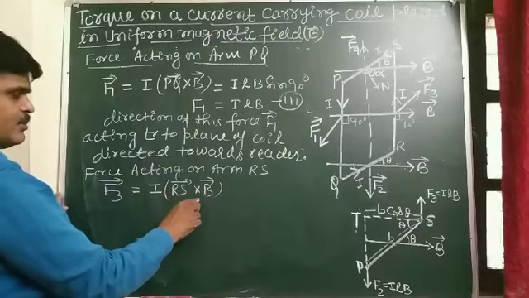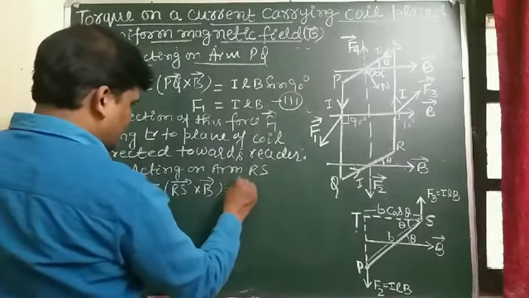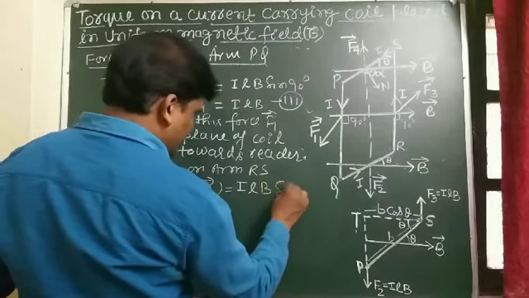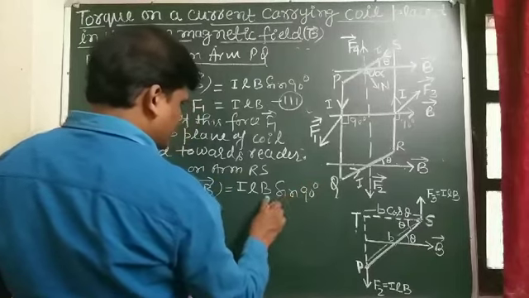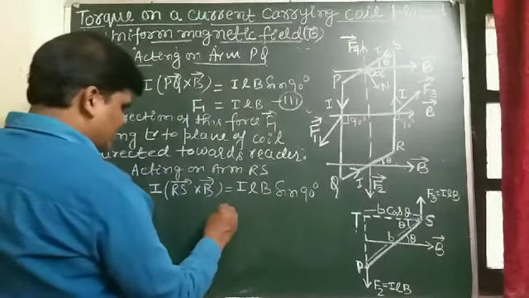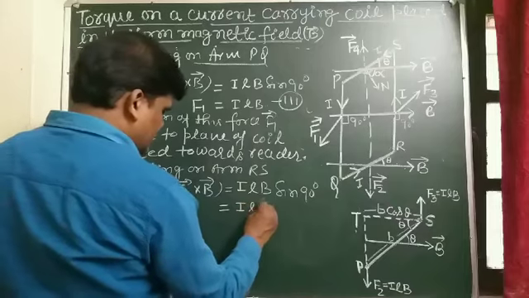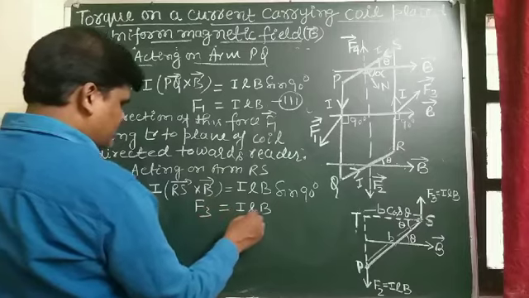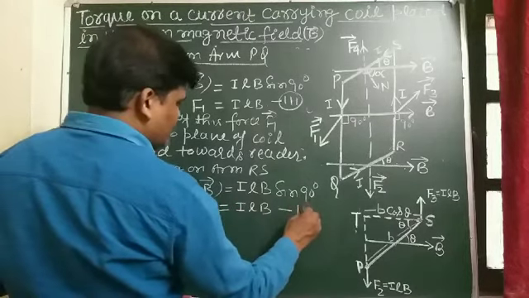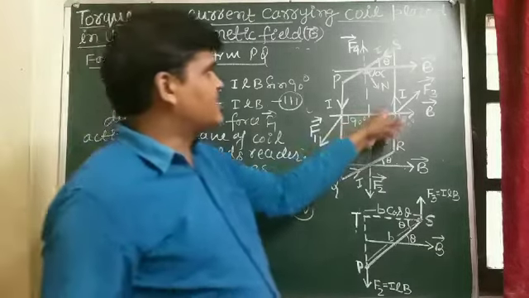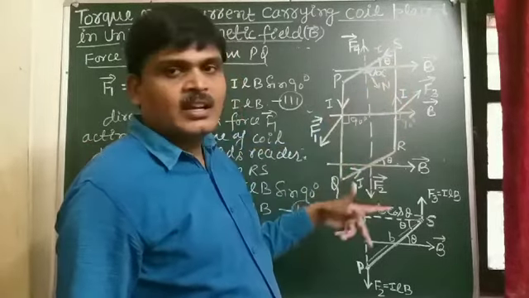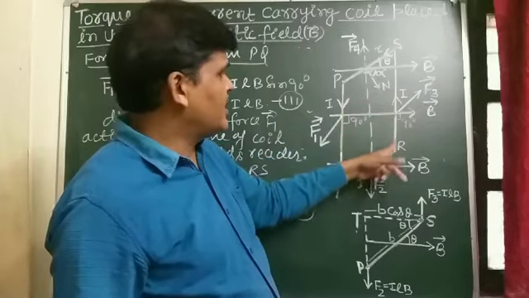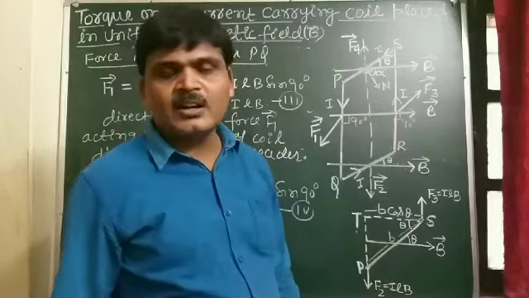I L cross B, and it can be written as I RS, that is L B, and it is also angle between current element and magnetic field, that is 90. So it can be also written as I L B. So in magnitude F3 can be written as, this is equation 4. And student, also direction of force on arm RS can also be determined by Fleming left hand rule, because angle between RS and magnetic field is 90 degree.